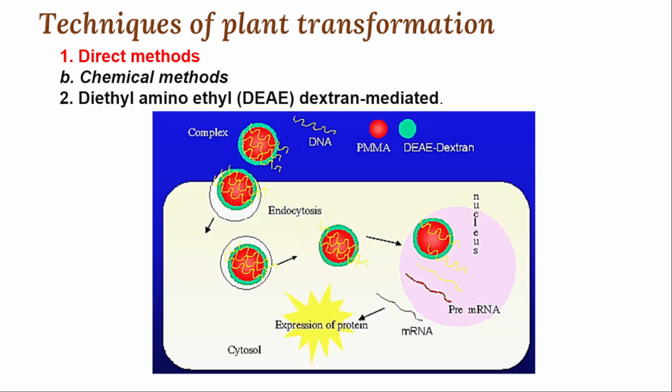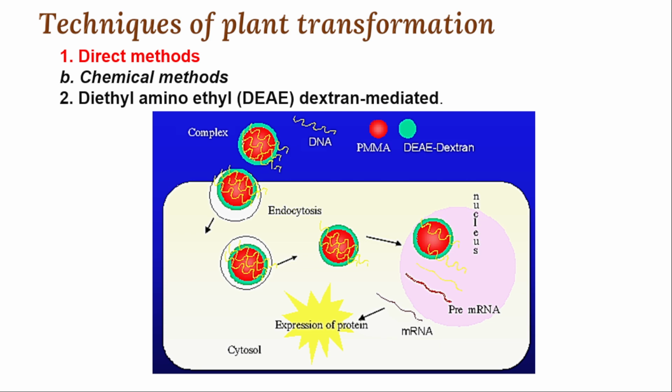And one more chemical used in chemical method is called diethylaminoethyl, so this is called DEAE-dextran mediated gene transfer. What happens? A desired gene with this DEAE will form a complex, like a liposome-like complex, and then through the process of endocytosis, it will be taken up into the cytoplasm.